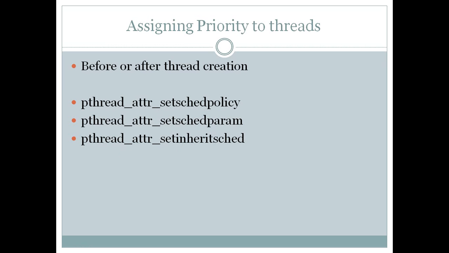We need to set the inheritance, because the thread does not inherit the scheduling policy and priority of the parent thread. So we can use these APIs to assign the thread priority before the creation of the thread. We can also assign the priority and policy after thread creation.